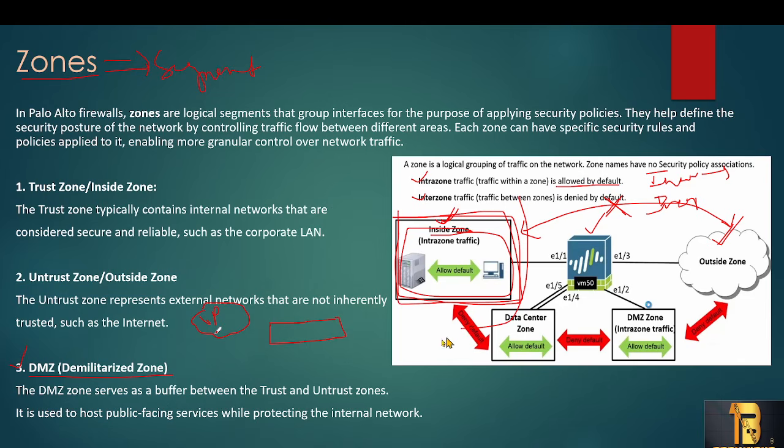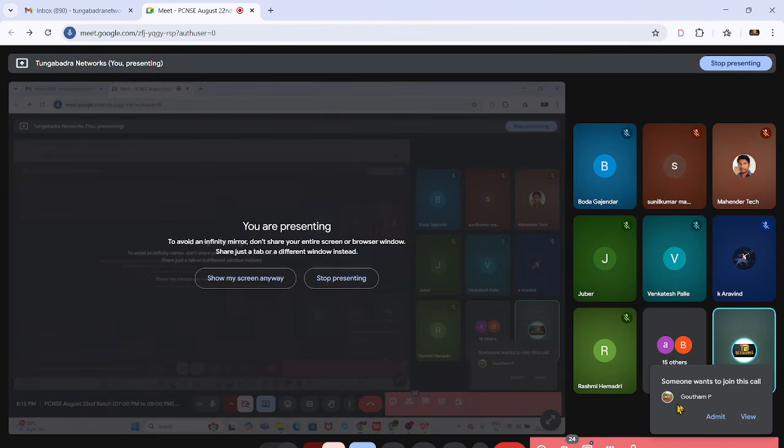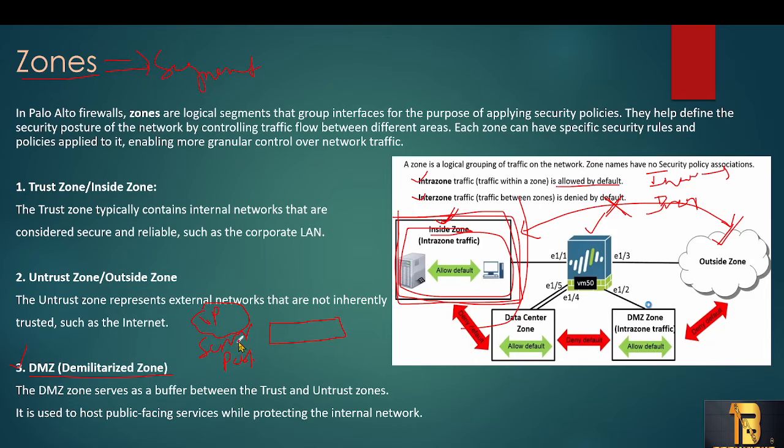Inside your private network, you will have some servers which are public facing. Whoever is going to access these servers uses the public IP address. If the servers have public IP addresses, whoever is sitting on the internet is also going to access the servers.